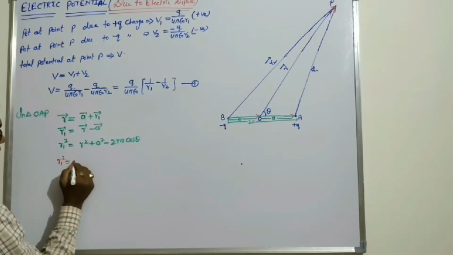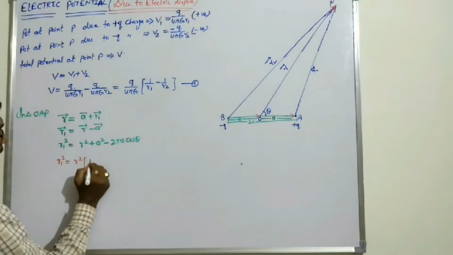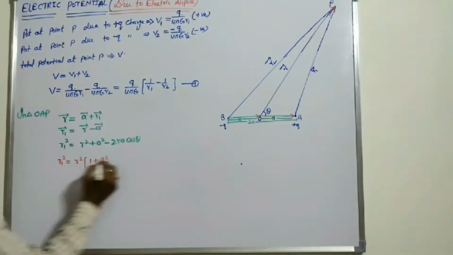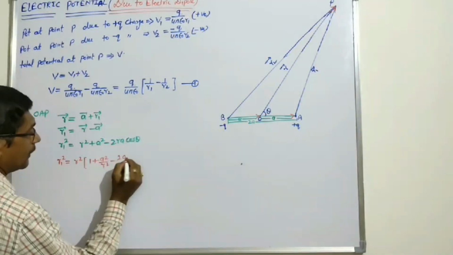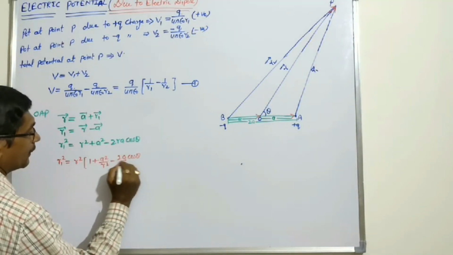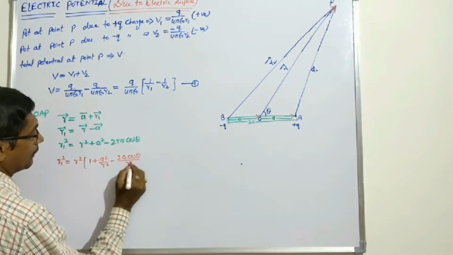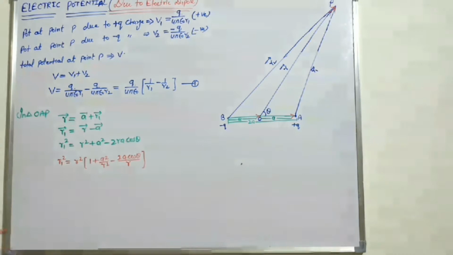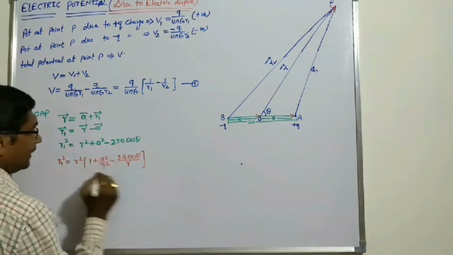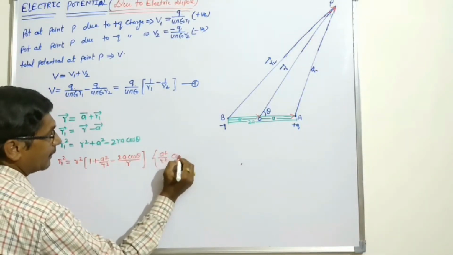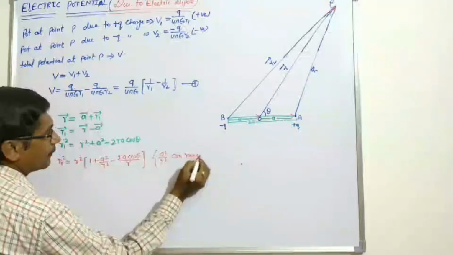Now in this case, we can find the common. R1 square is equals to R square is common. So R square times 1 plus A square by R square minus 2A cos theta upon R. Because R square is common here. A square by R square can be neglected.